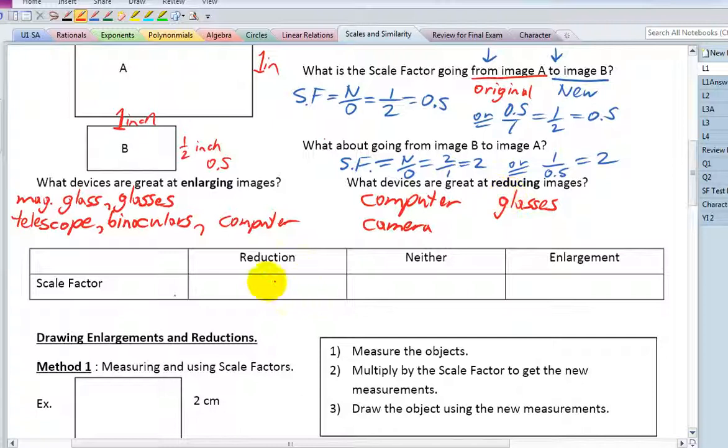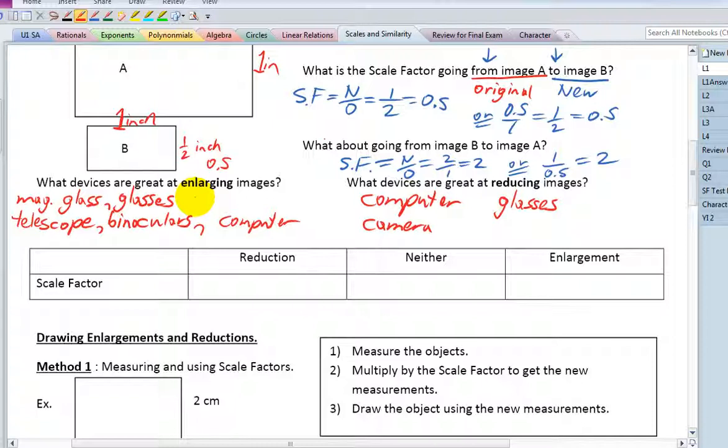Any questions? Peepholes. Would that be enlarging or reducing? It enlarges the face so you can see it.